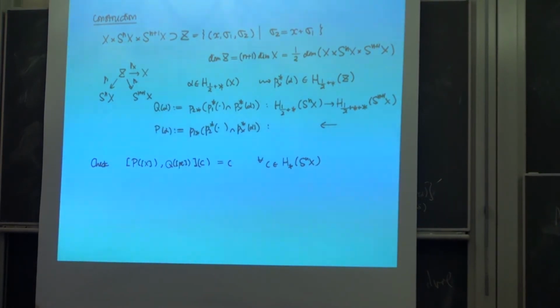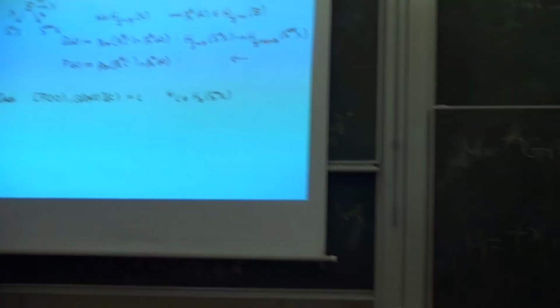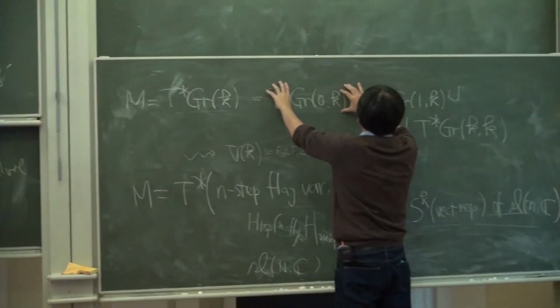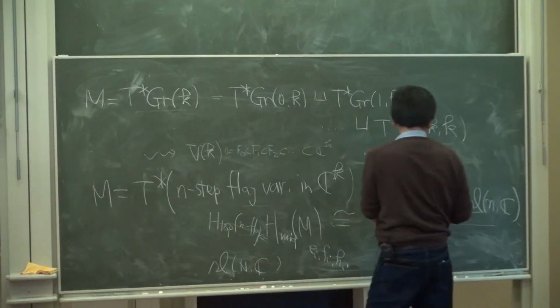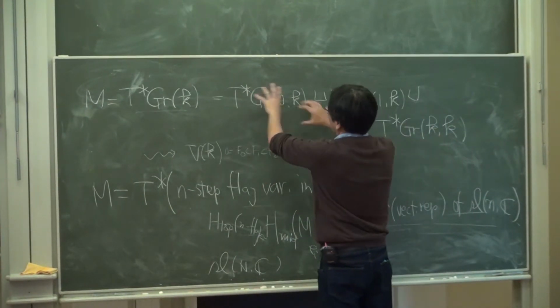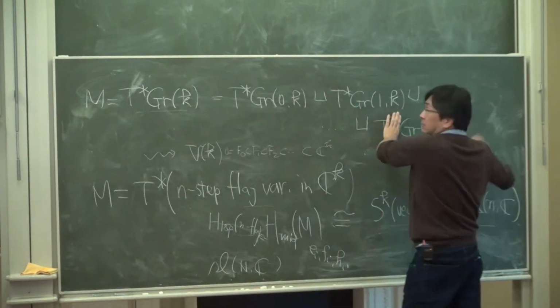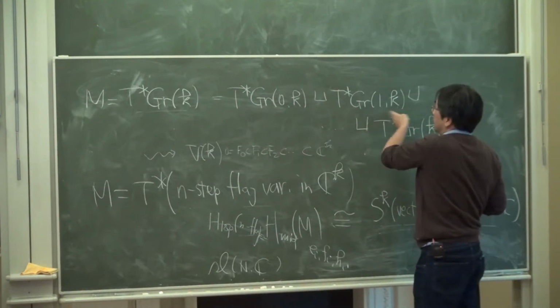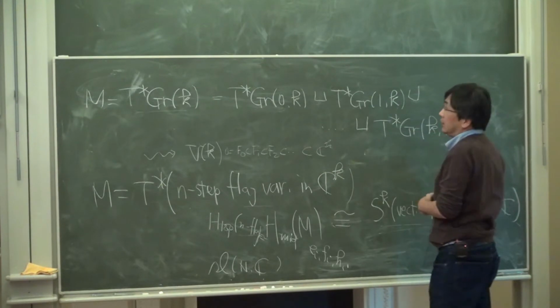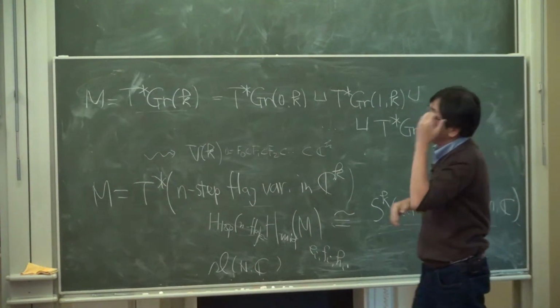By the way, there is some symplectic geometry behind this, and many things. The cotangent Grassmannian is a symplectic manifold, and the base Grassmannian is a Lagrangian submanifold in it.